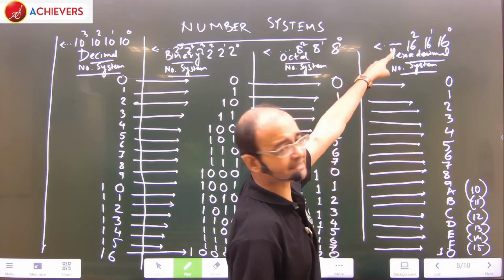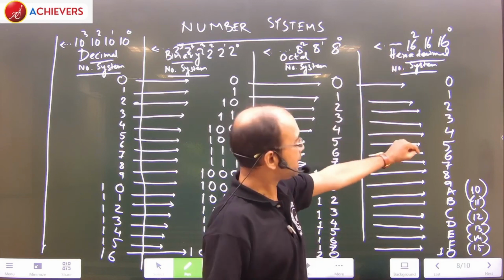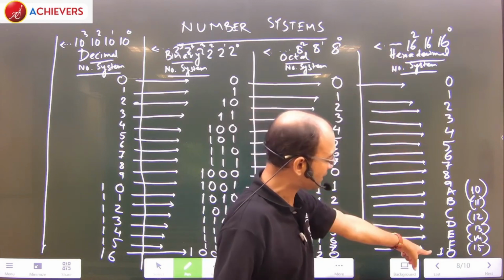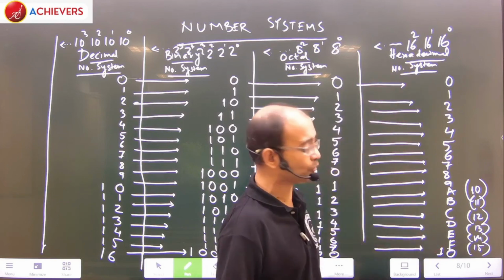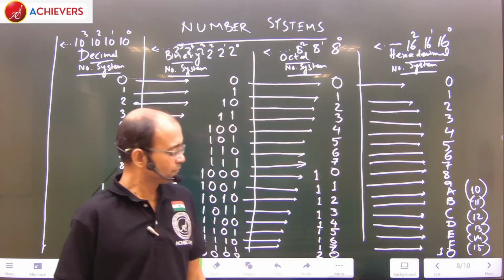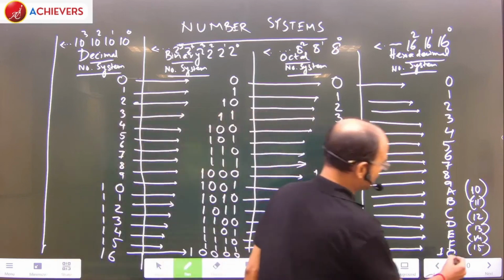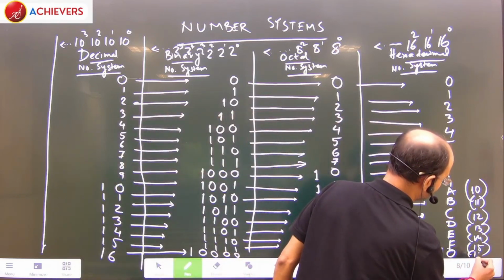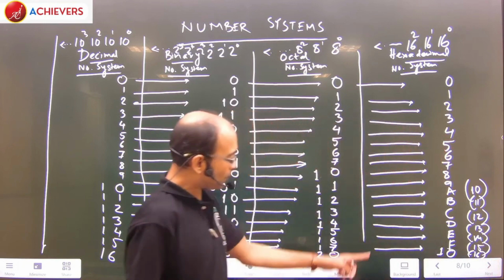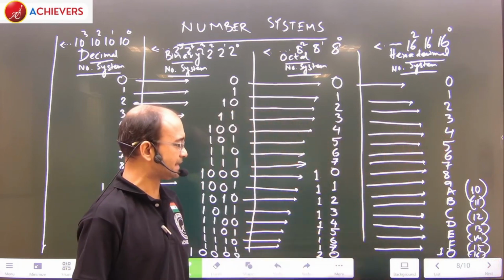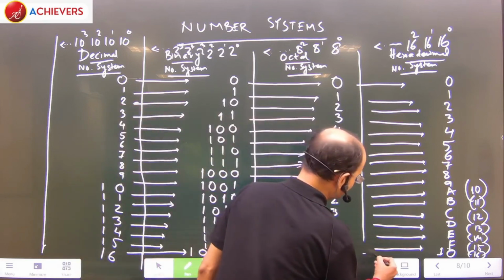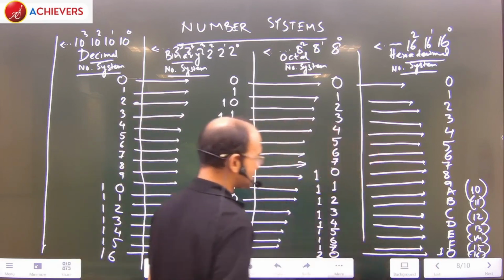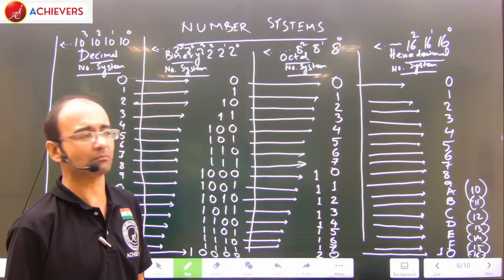Because under 16 to the power 1, we can understand easily. 16 to the power 1 is having 1, and 0 means 16 to the power 0. So over here 10 represents 16 itself. So this is how we can define the different digits in the hexadecimal number system.